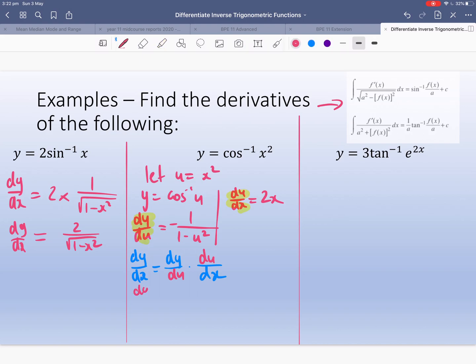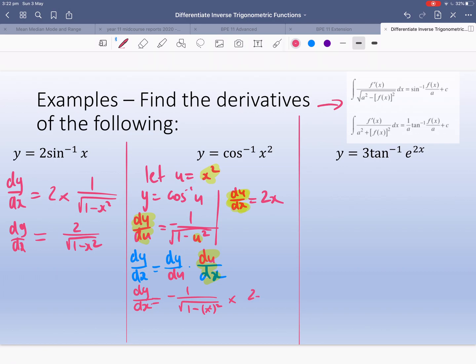So I'm going to go dy dx equals dy du, which is negative 1 over, oh, there's a square root there, by the way. Square root of 1 minus, and then I'm going to put x squared instead of u in this case. So x squared squared, all right, times du dx, which is over here, so that's just 2x.